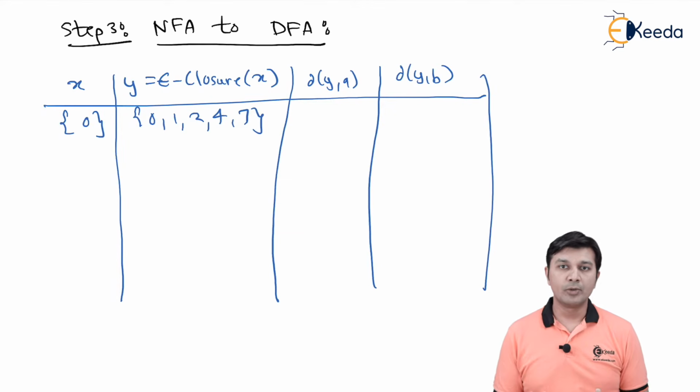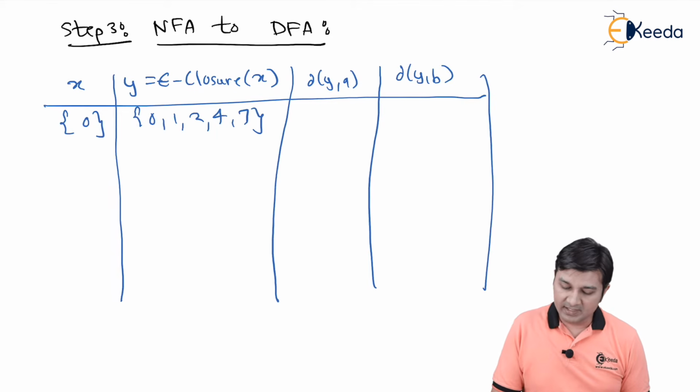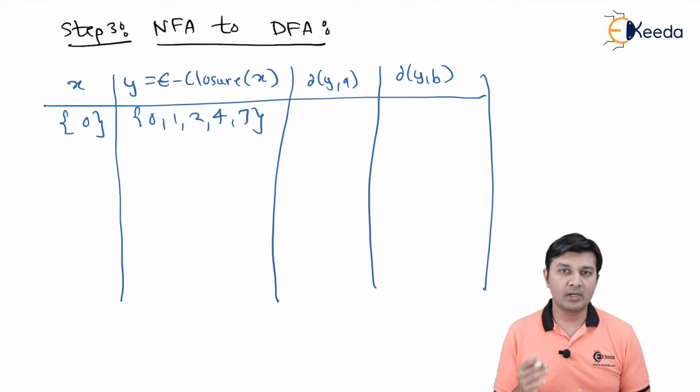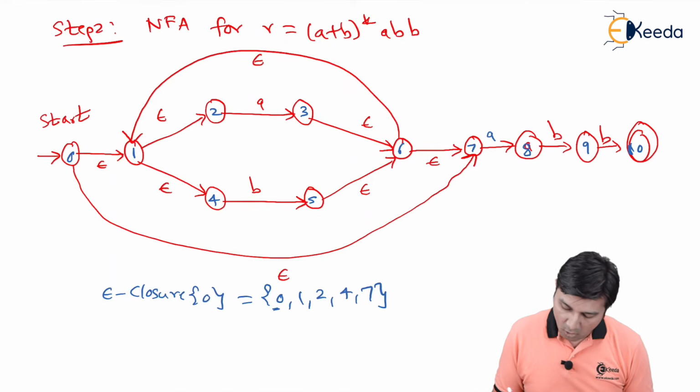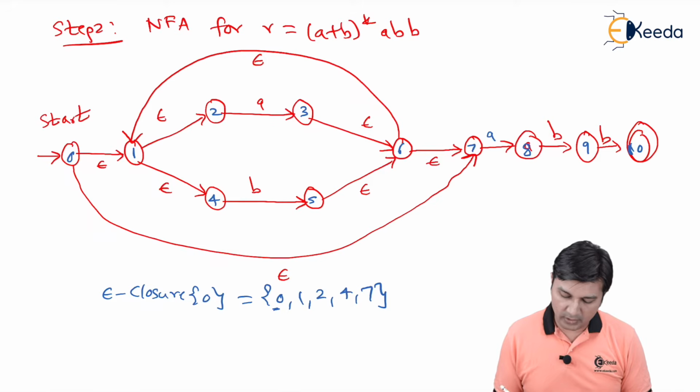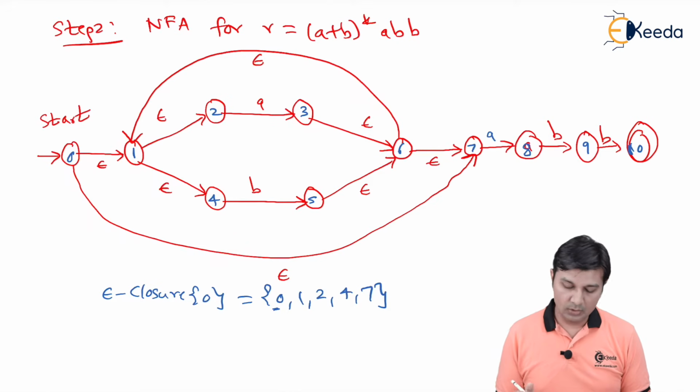Now going ahead, what we are going to do next is, what is Y on receiving A? Now if you look at Y, it consists of 0, 1, 2, 4 and 7. We have to check each one of them on receiving A. If we go back to the diagram, what is 0 on receiving A? I don't think 0 on receiving A is going anywhere, so let's skip that. What is 1 on receiving A?